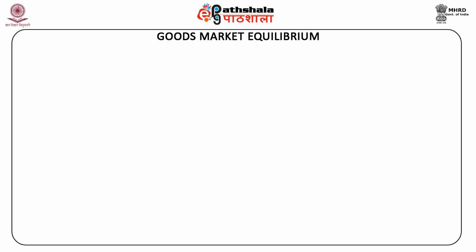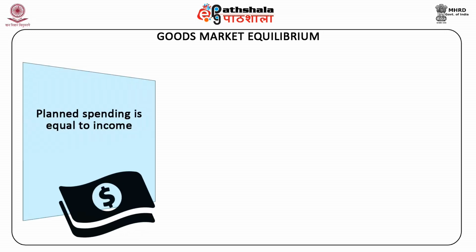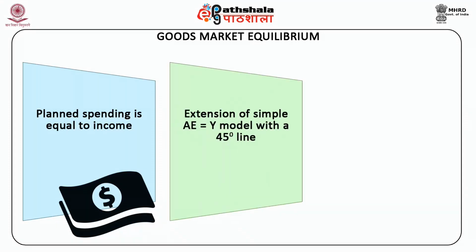Goods market equilibrium is established where the planned spending is equal to income. The goods market equilibrium is an extension of the simple AE equals Y model with a 45-degree line.